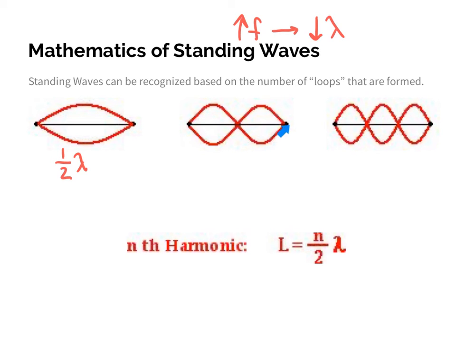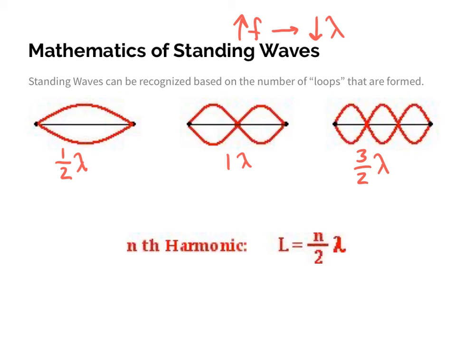We now have a crest and a trough. So notice here that I have 1 complete wavelength. And then lastly here for the third harmonic, if I were to continue, I add an additional node, but now I have 1.5 waves. So I'm going to say here 3/2 wavelength. 3/2 is 1.5.